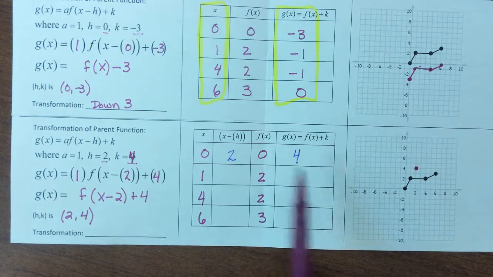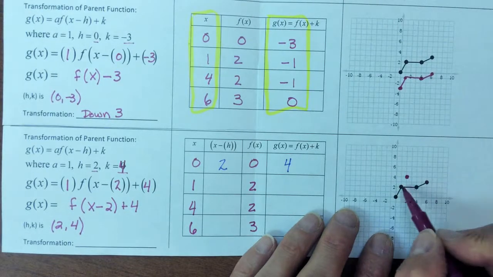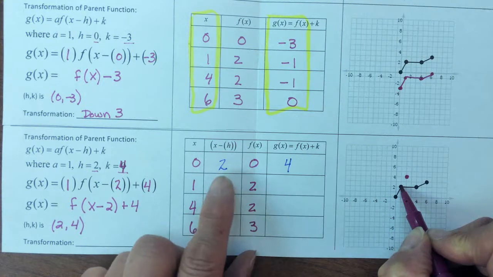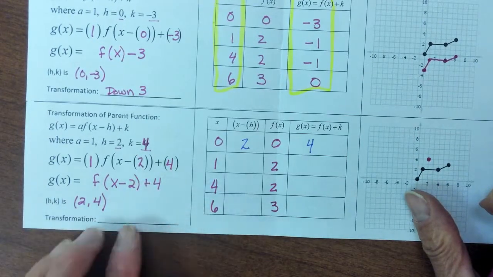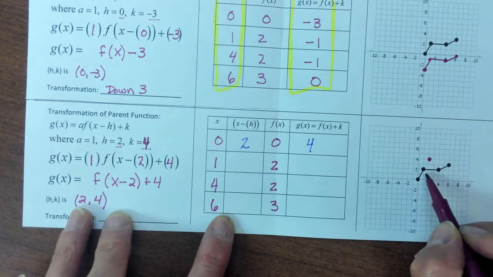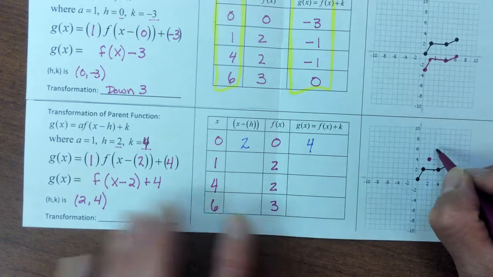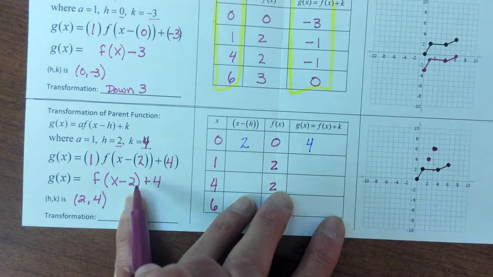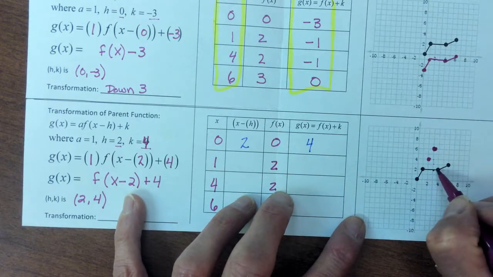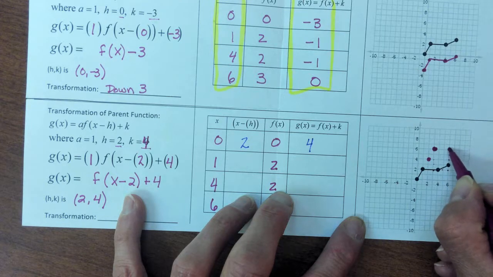Okay, so instead of filling out the table, let's just go ahead and work with the graph. So this point right here at 1, 2, I'm going to move to the right 2. So I'm going to go 1, 2, and up 4. 1, 2, 3, 4. To the right 2. That's this one here, 1, 2, and up 4, 1, 2, 3, 4.